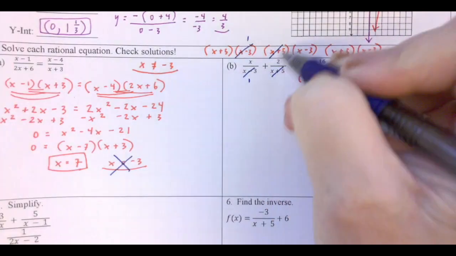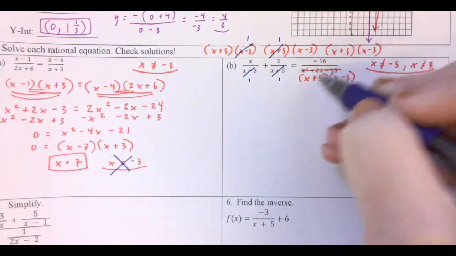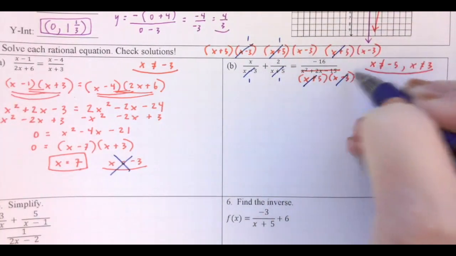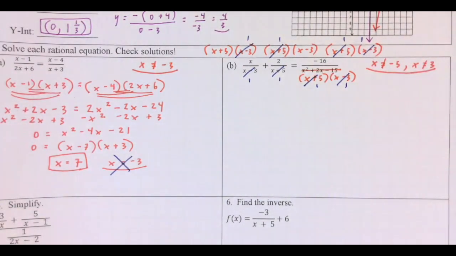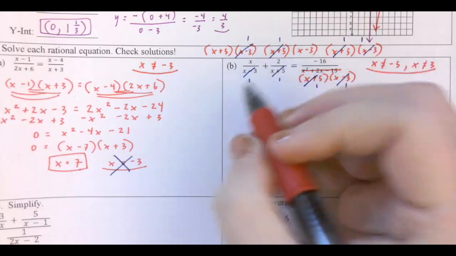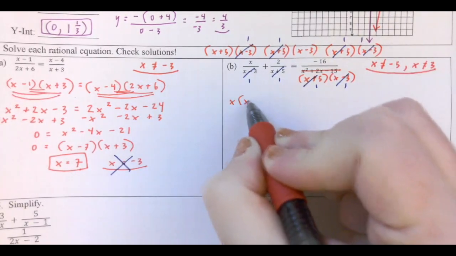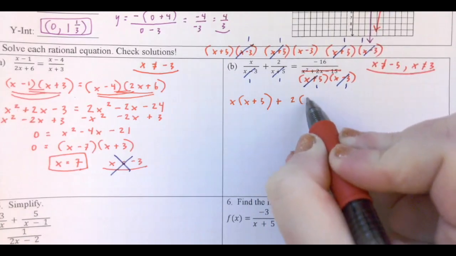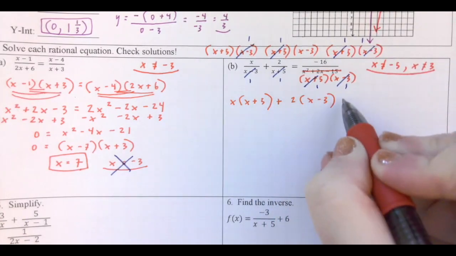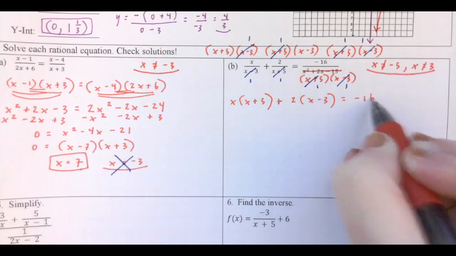Anything over itself is just 1. And then over here, the x plus 5 and the x minus 3's. Now I have x times x plus 5, plus 2 times x minus 3 equals negative 16.